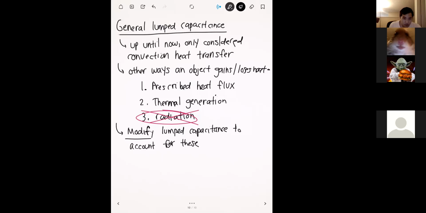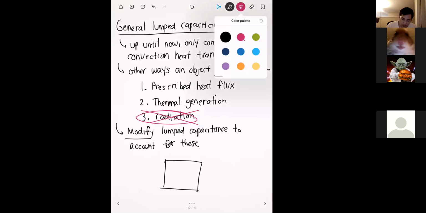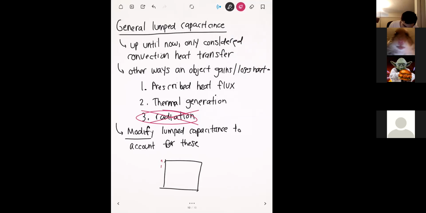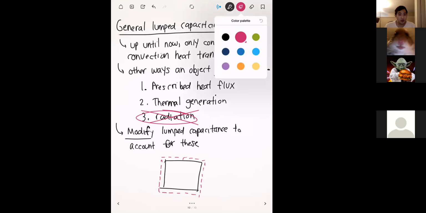Okay, so let me draw, because I don't think the equation will fit here. Let me draw a figure that will illustrate this. Let's say we have our object here, and just like before, let me draw a control volume around the object. Up to this point, we've only considered convection, right?